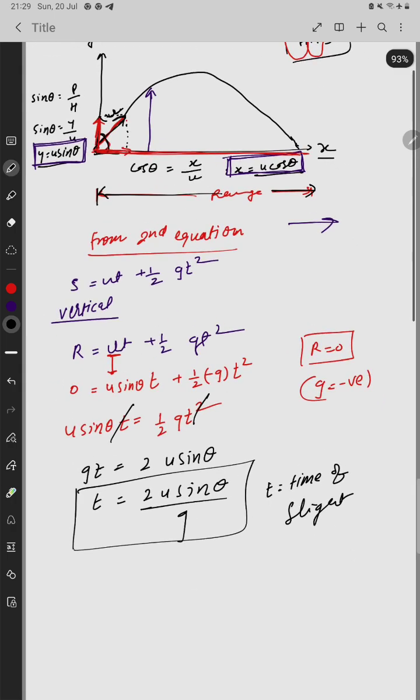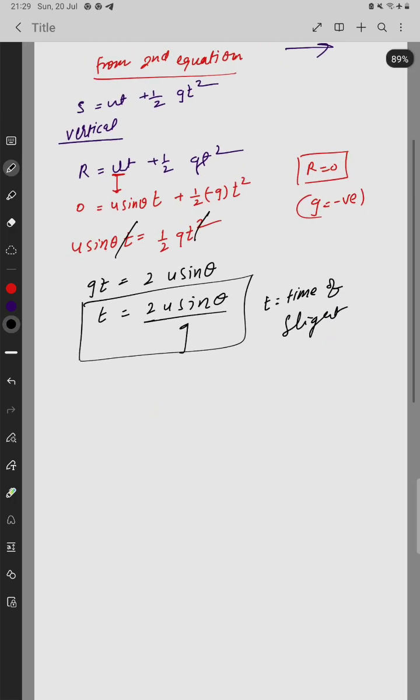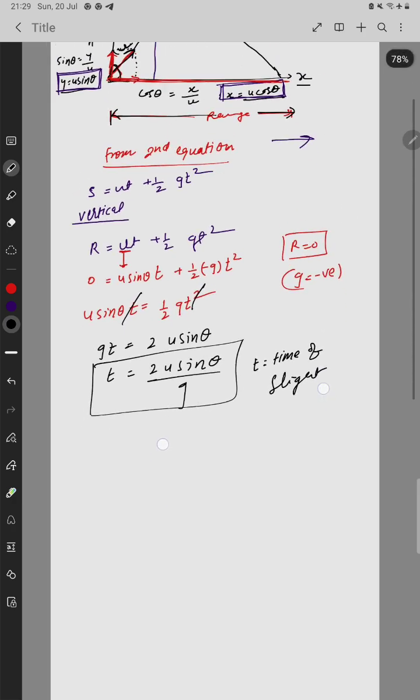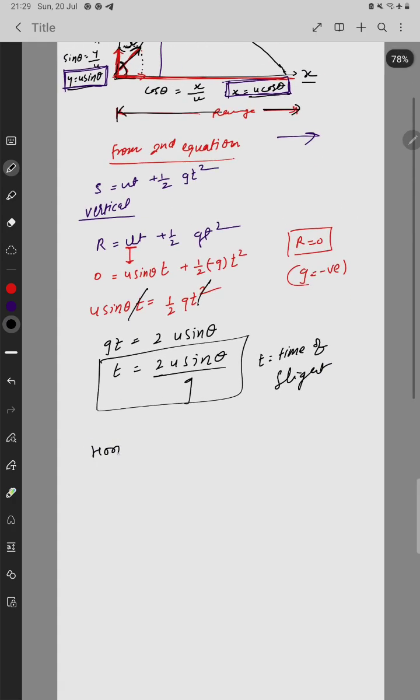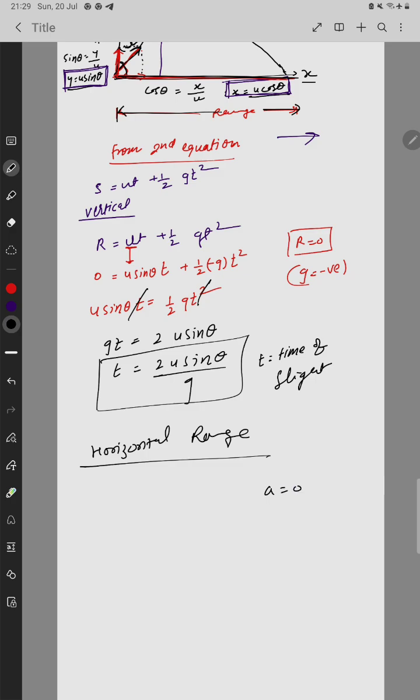Now student, we have to calculate the other one, horizontal motion, the horizontal range. So horizontally, acceleration is going to be 0, a equal to 0, and on the x-axis you are going to take u cos theta.